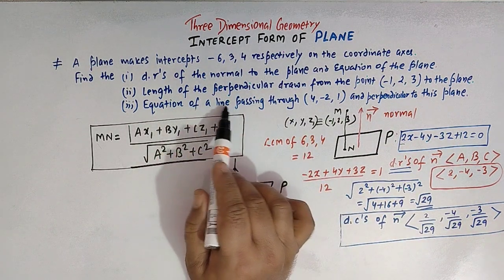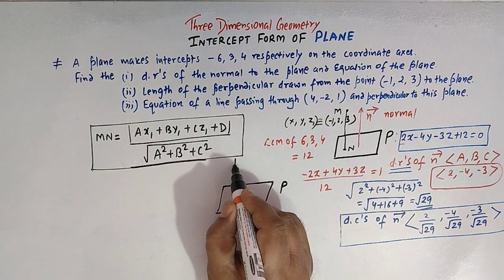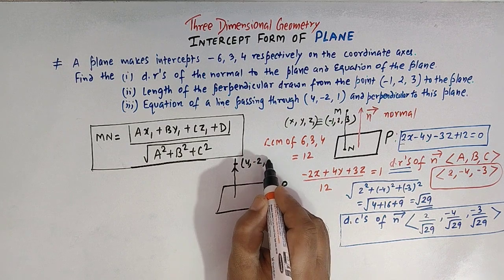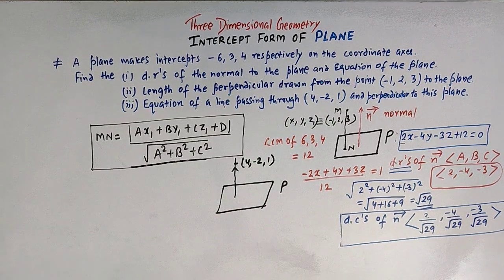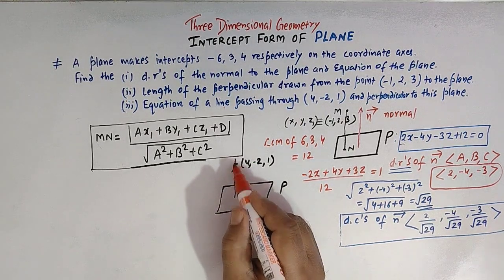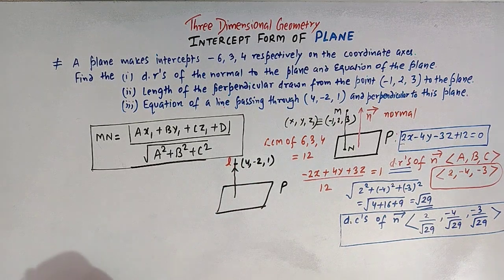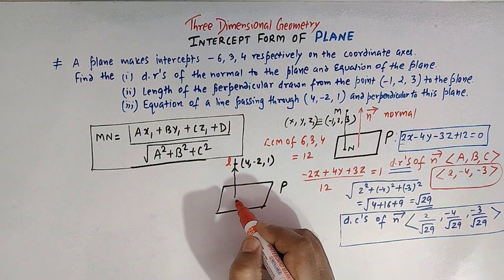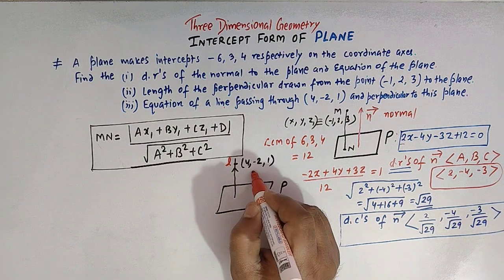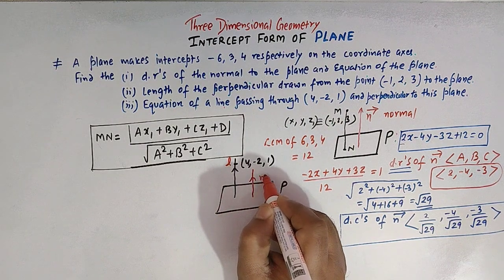And this line it passes through some point say 4 comma minus 2 comma 1, right? Okay, so now suppose this line is L, right? Now this line L is perpendicular to this plane P, right? And here we have the normal vector, right?